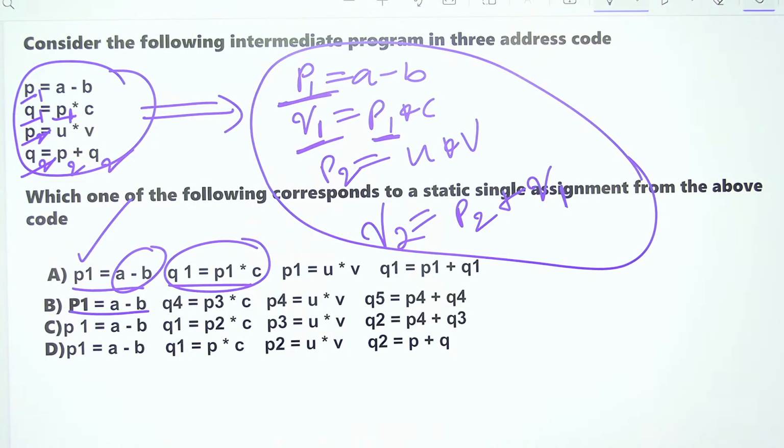Next one, Q1 is equal to P1 into C. Maybe while copying I did something wrong, I don't know.